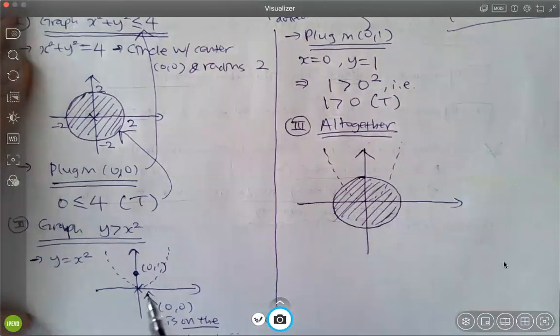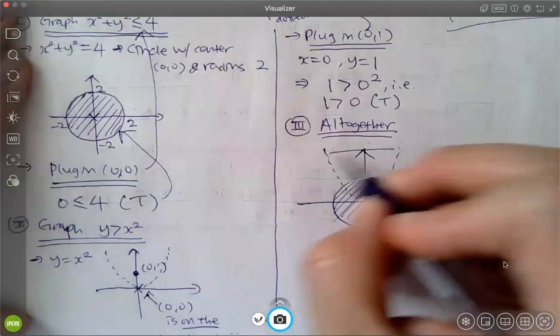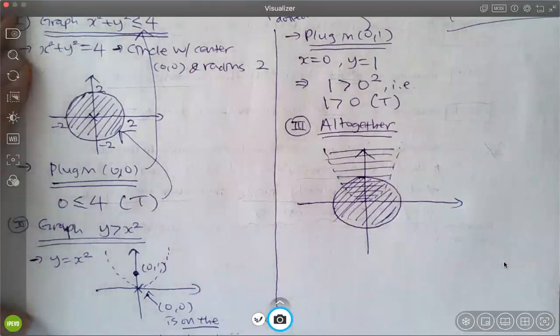So what does that mean? We shade this, right? Okay, and now what do we have to find? Overlaps, right? Okay, so is there any overlap here? Yeah, so where is the overlap? Right there, right?